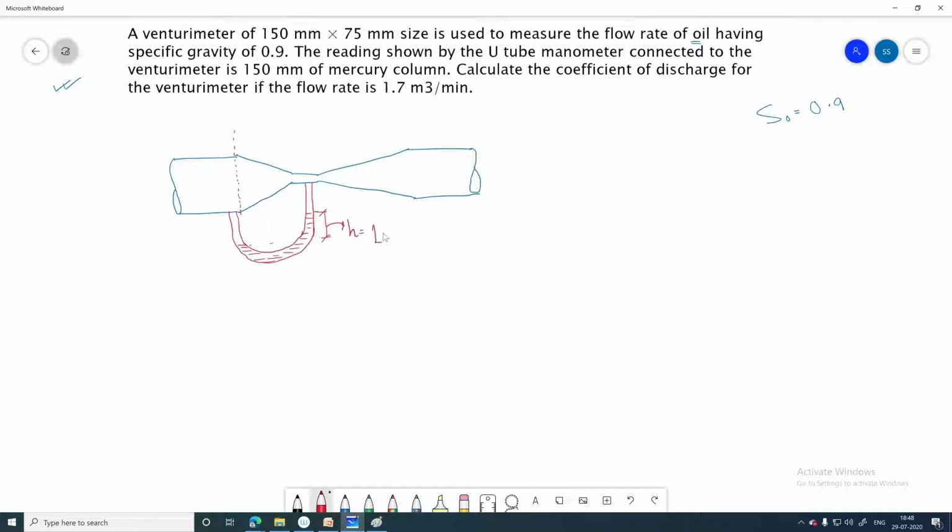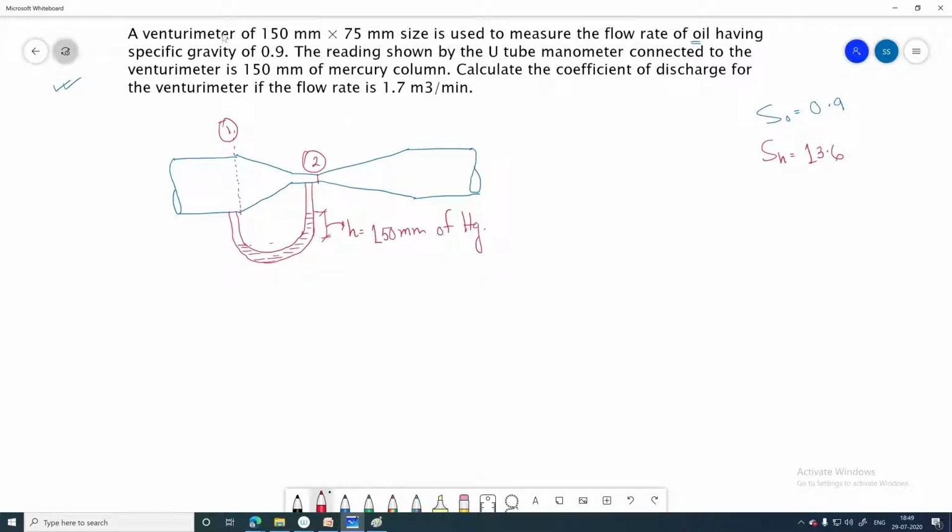So this is 150 mm of Hg, okay. So here the value of SH, that is the specific gravity of the mercury, is 13.6, okay. So here it is section 1 and here we consider section 2.